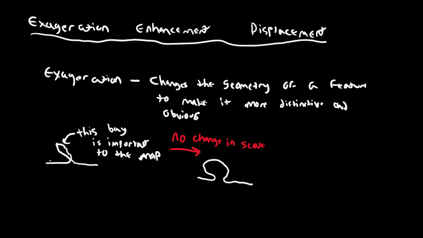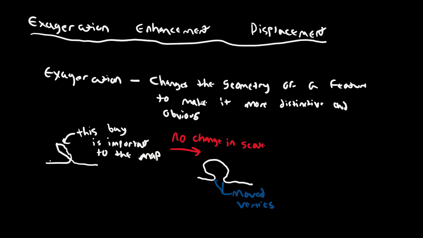That's not to say there can't be, but in this particular case, we haven't changed the scale at all. We simply moved vertices to exaggerate the fact that this bay is here and that this inlet is here.